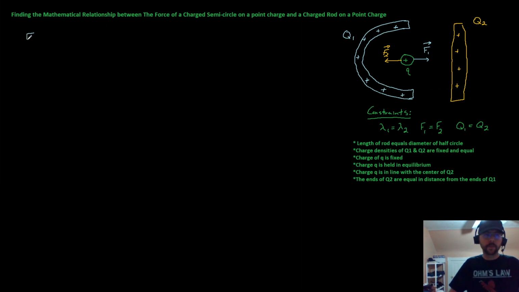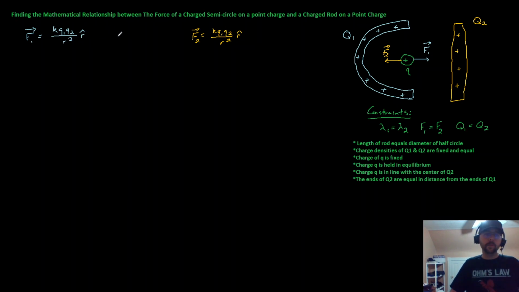So force 1 equals K Q1 Q2 over R squared times R hat. And the same is true for force 2. Force 2 equals K Q1 Q2 over R squared times R hat.